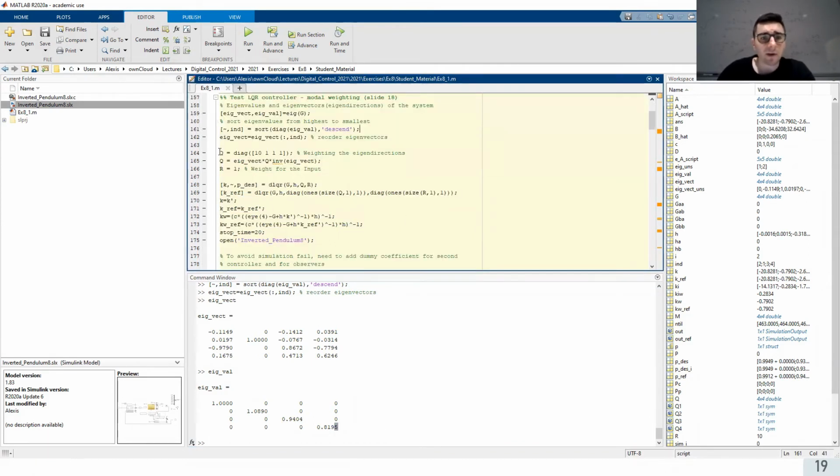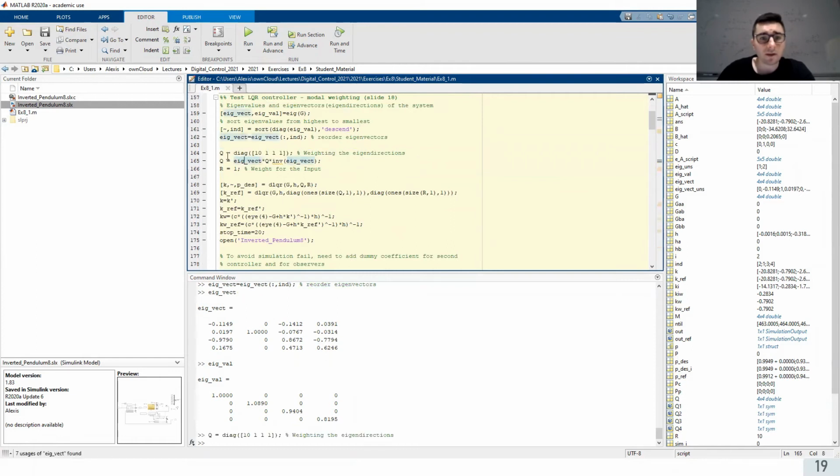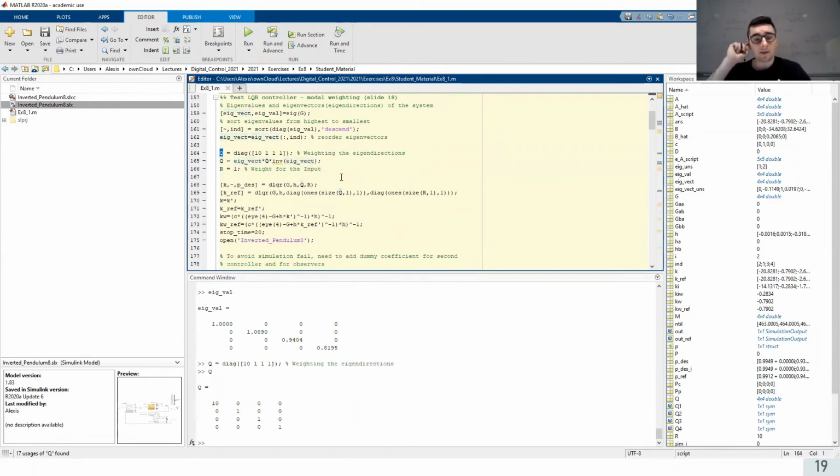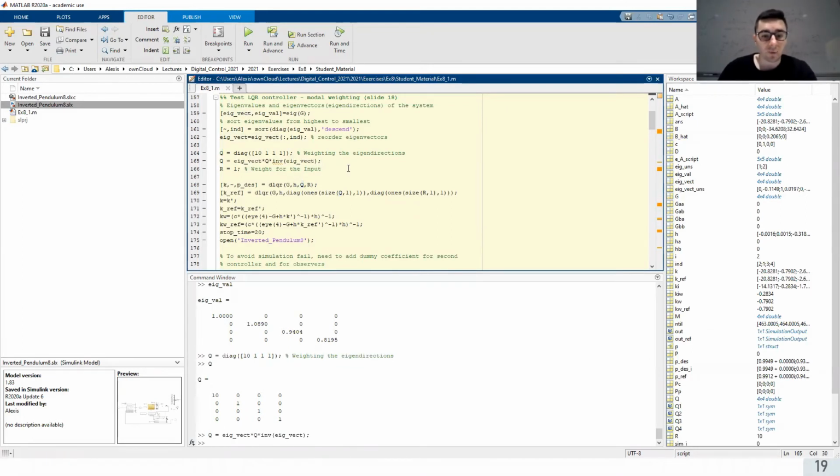So then I can define my new Q, and this Q here that I choose, 10, 1, 1, 1, is 10 times the first eigenmode. So I'm going to put a weight of 10 on the first eigenmode, and 1 for each of the remaining eigenmodes: the second, third, and fourth eigenmodes. Then I'm going to define this, which should be Q hat, but as I'm using the same code, I'm not calling it Q hat, but this is definitely Q hat.